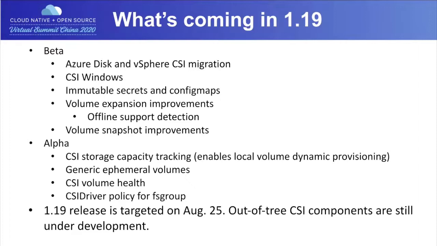And then the last new alpha feature that we added in 1.19 is an FS group support policy on the CSI driver itself. This will allow a CSI driver to explicitly state whether or not they support FS group.